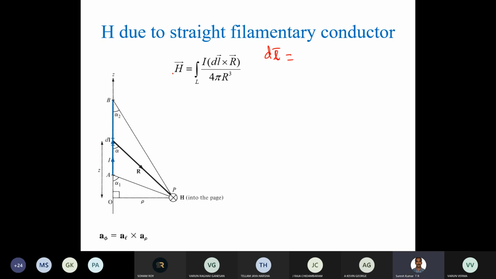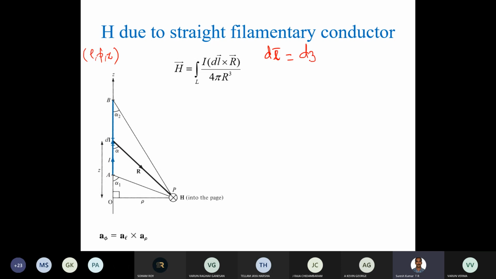You need to express it in terms of the cylindrical coordinate system. The direction of current flow is represented with the dl vector. In this case, which direction does the current flow? Louder, please. dz. Exactly, that's correct.